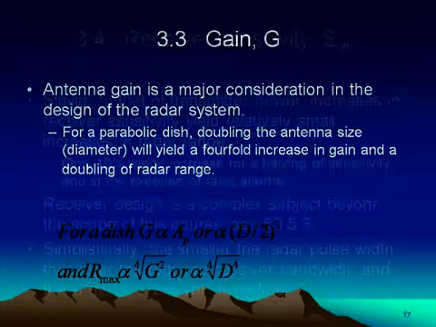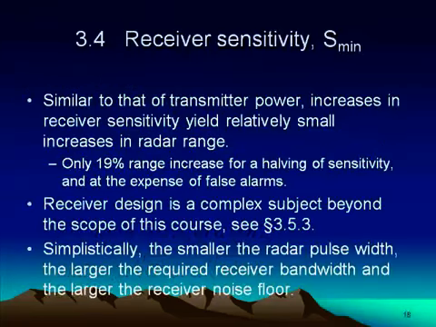Similar to the effect of the radar transmitter, the receiver also has a similar effect on the radar range. That means if you reduce the receiver sensitivity by half, the improvement in the radar range is going to be only 19% again. But the complexity involved will increase drastically if you reduce the sensitivity to half.